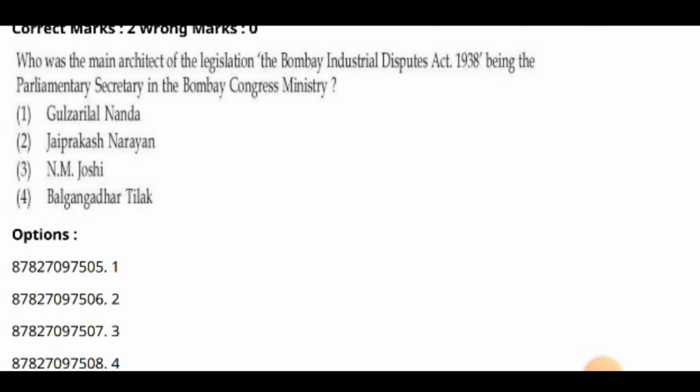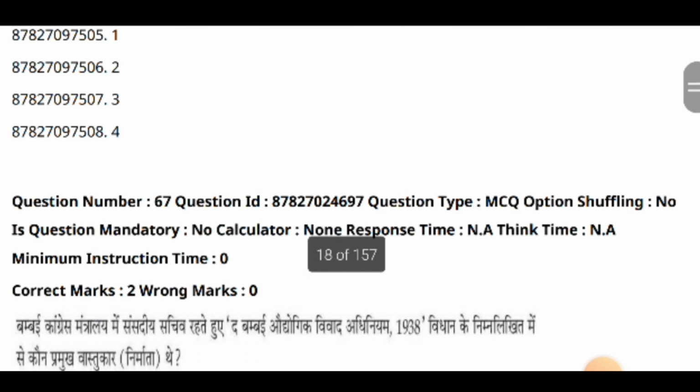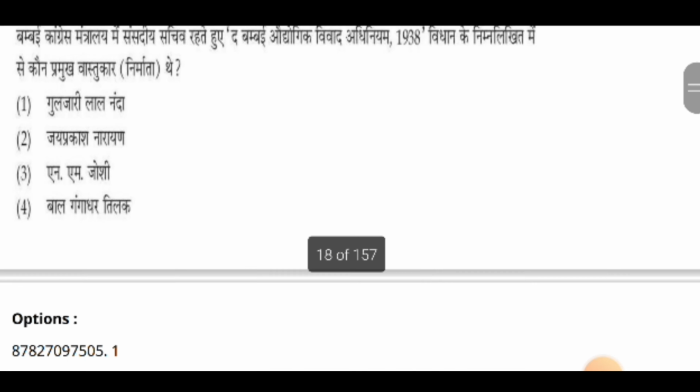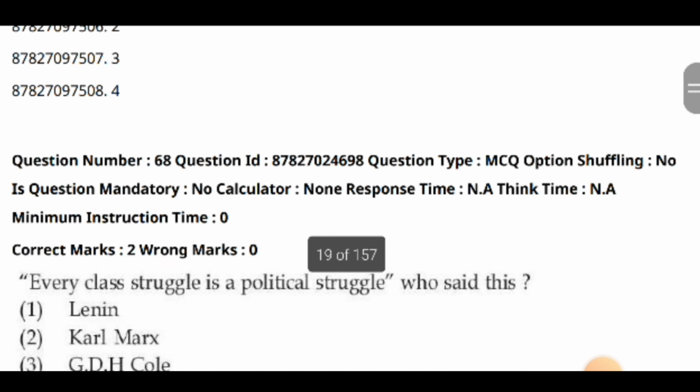Not only that, you have to focus on these questions also: who drafted the Bombay Industrial Dispute Act 1938, and who was the parliamentary secretary in the Bombay Congress Ministry at that time. They can also give Gulzarilal Nanda's position in a statement. They will frame these questions in different ways, or give them in match the following.